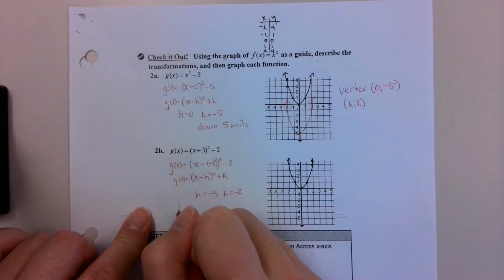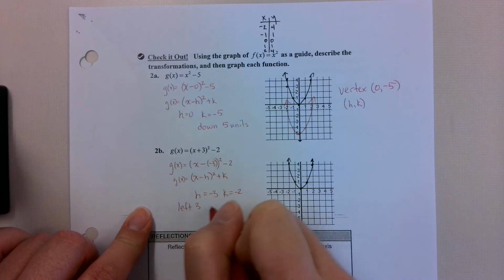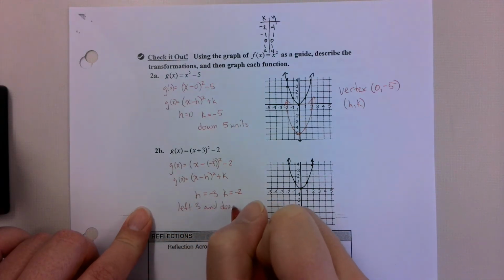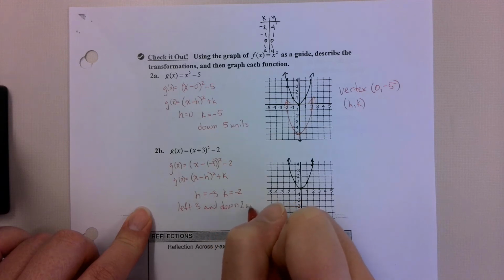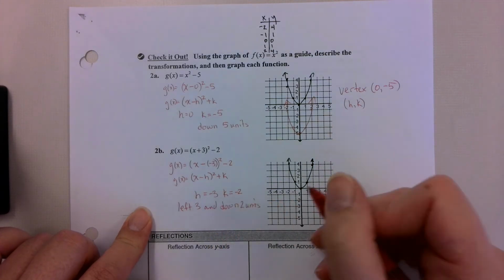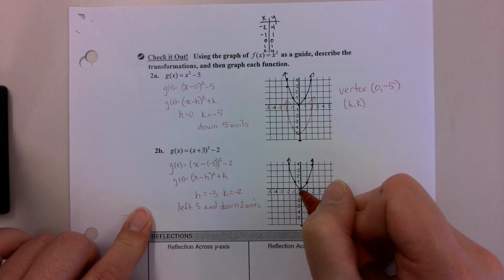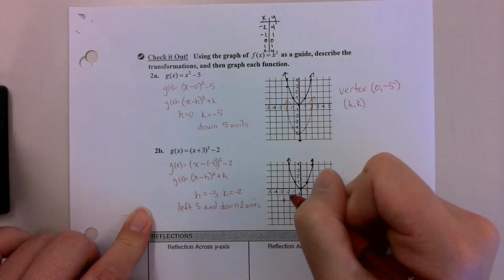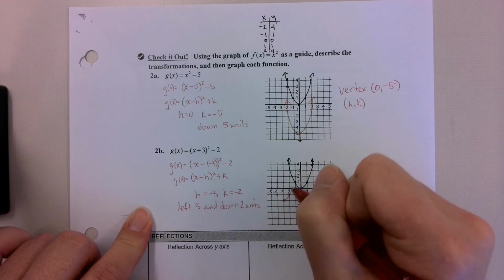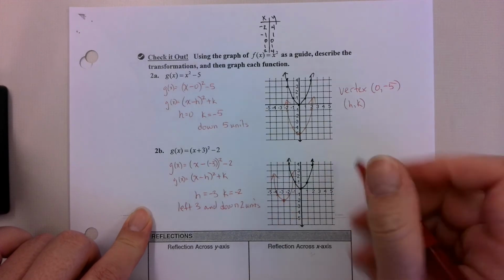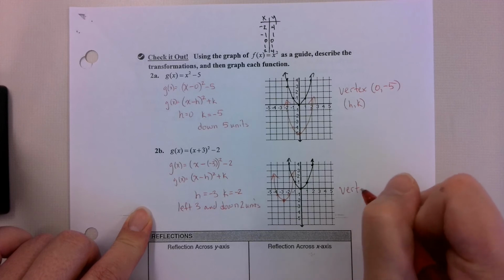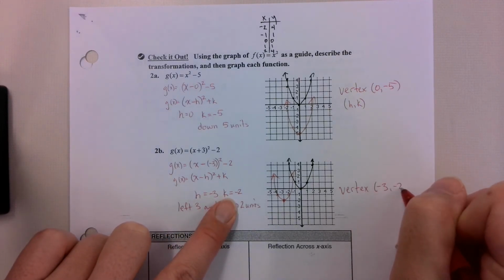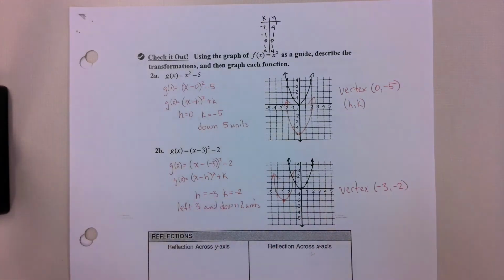That means we are going to move left 3 and down 2 units. So here's my vertex 0, 0. I'll move it left 1, 2, 3 and down 1, 2, and there is my new graph. And I'm just going to give a quick sketch in. So again, my vertex is the h, k, which was -3, -2, and there's my new vertex.